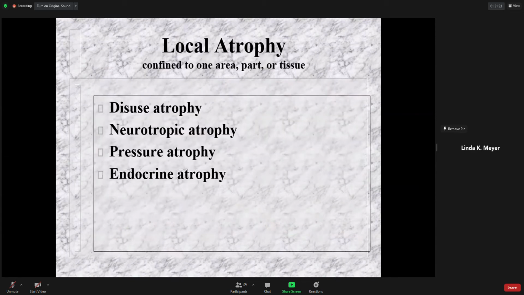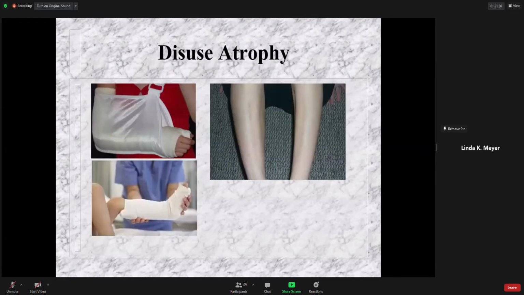Okay, let's look now at the different types of local atrophy. So first of all is disuse atrophy. Anybody who's had an arm or leg immobilized after a fracture can probably relate to this.